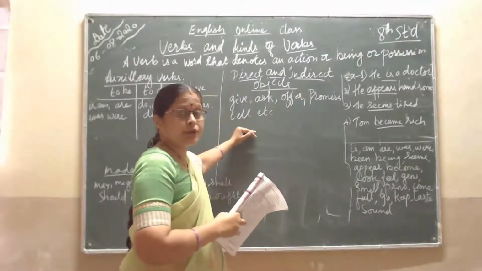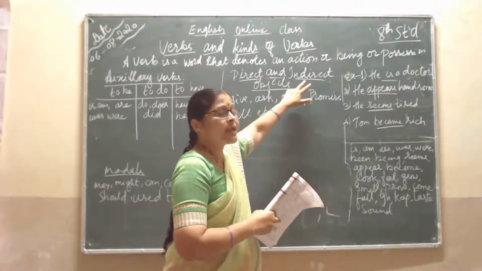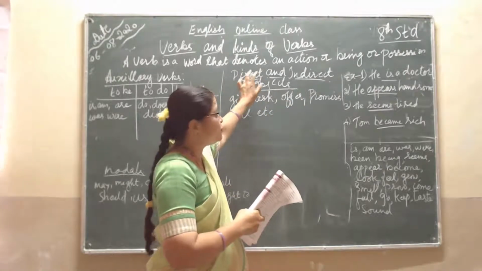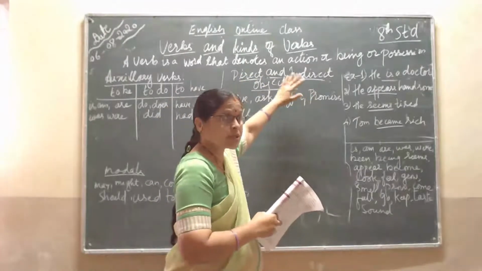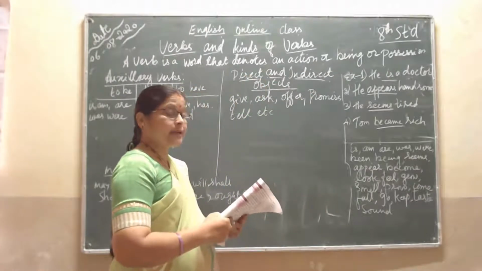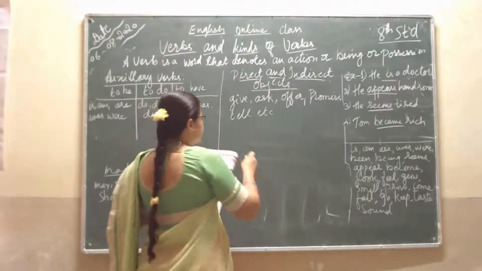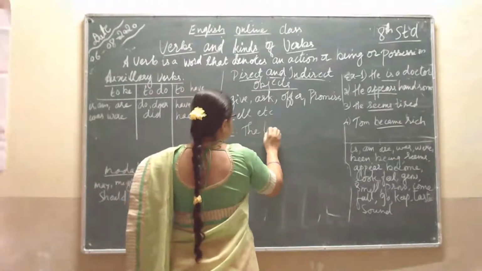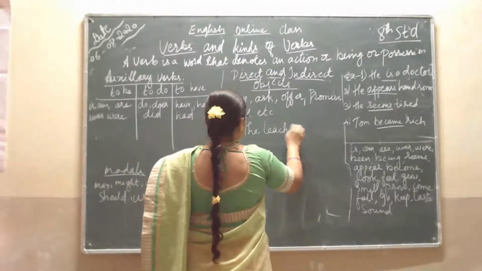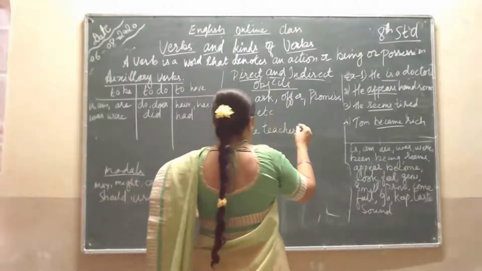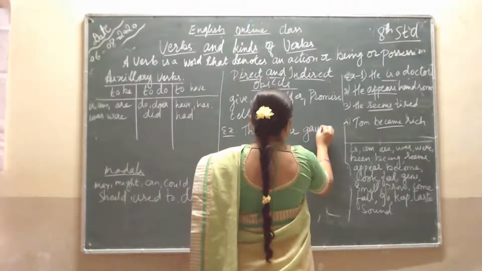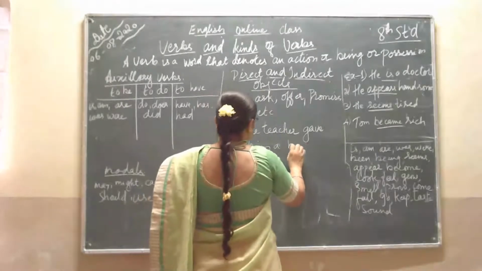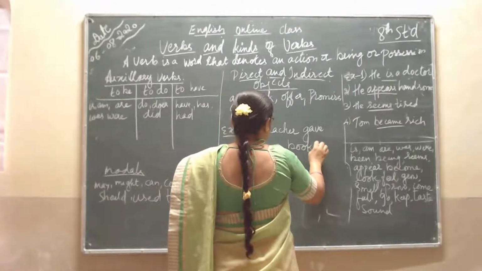When we frame a sentence, first we get the indirect object, then comes the direct object. Let's see an example: the teacher gave him a book.